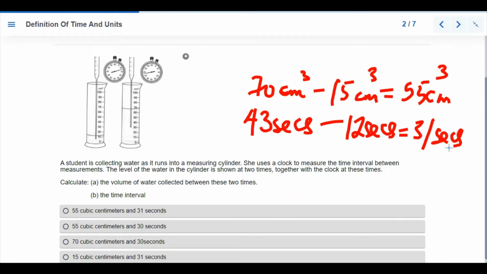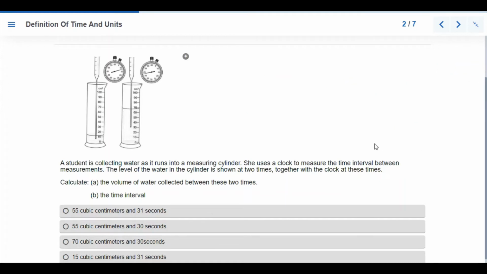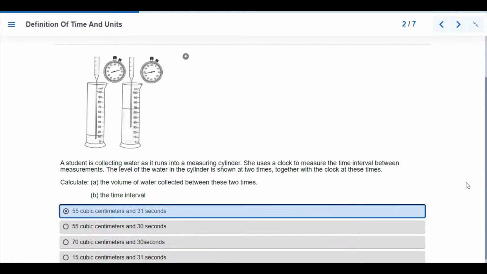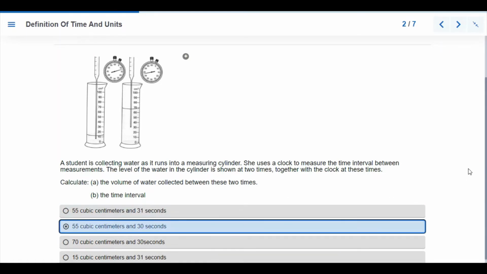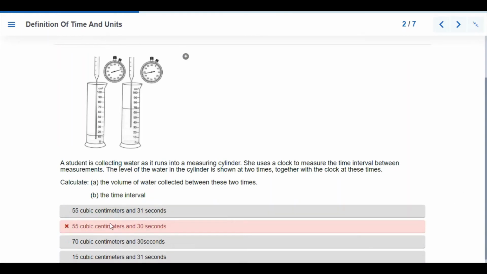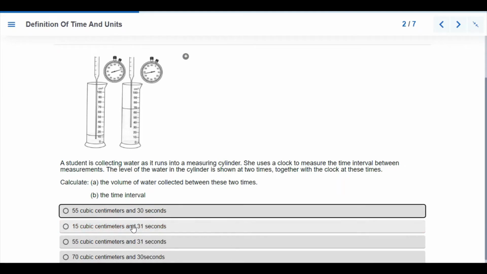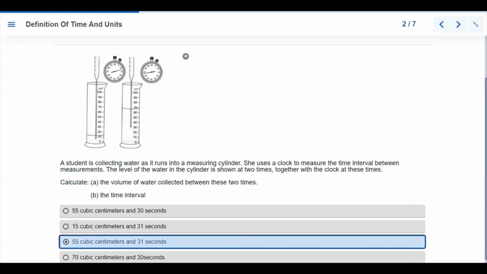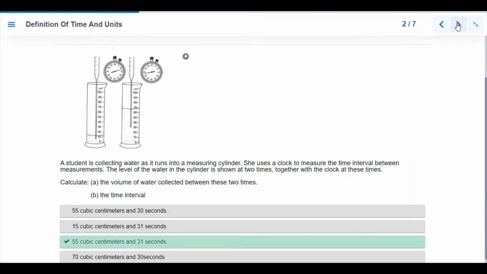So, looking at the answers for the volume of water collected between these 2 times, we have 55 centimeter cube, and the time interval is 31 seconds. So, from the options, we have this. And we can check. So we have 55 centimeters and 31 seconds. So we can check.